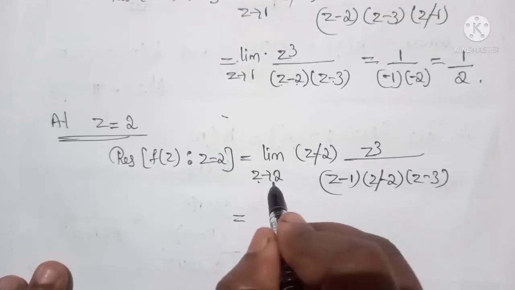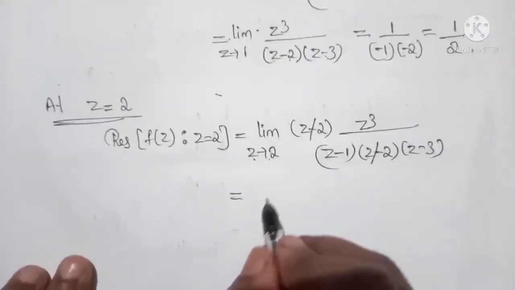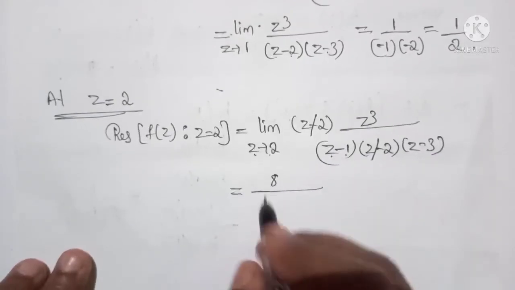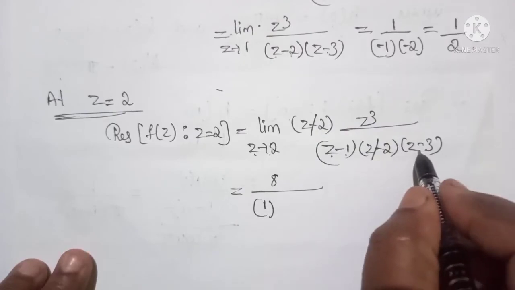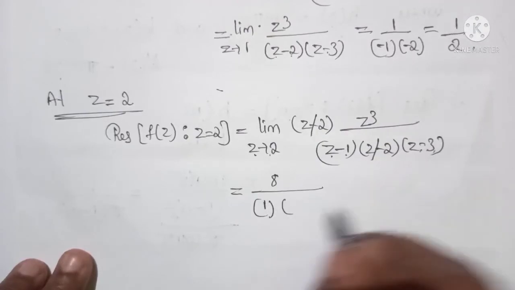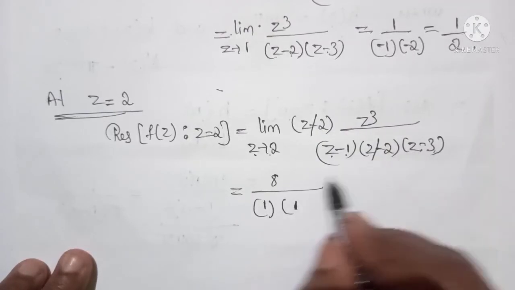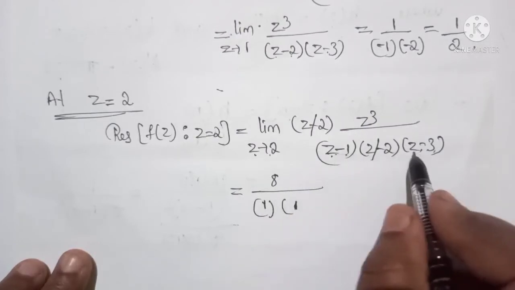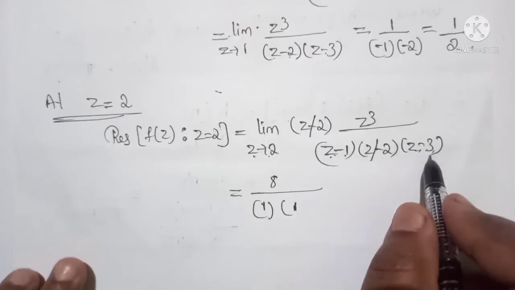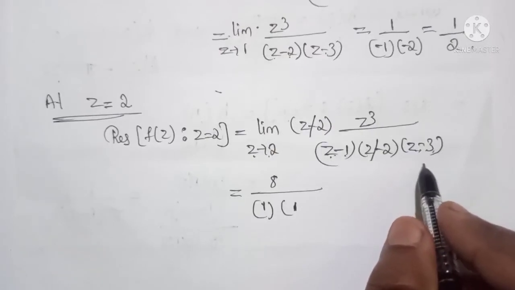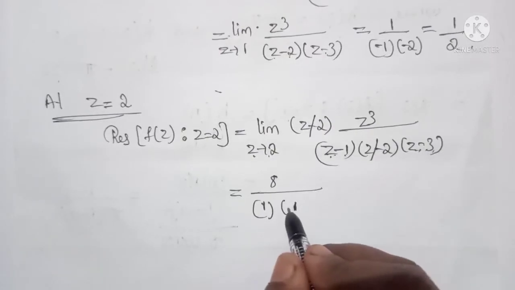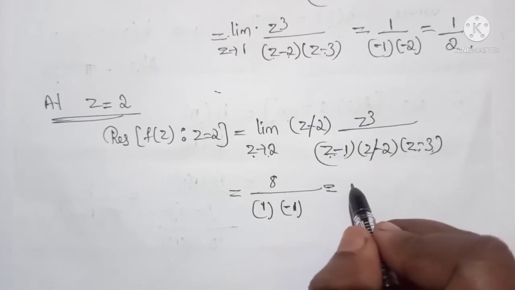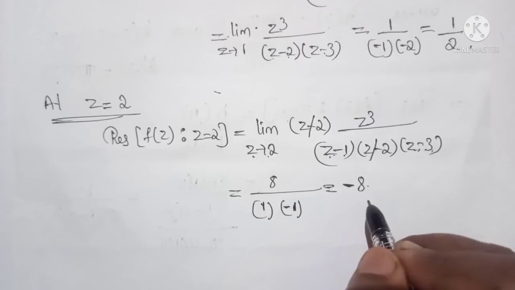Substituting z equals 2, we get 2 cube equals 8 divided by 2 minus 1, which is 1, and 2 minus 3, which is minus 1. So it equals minus 8.